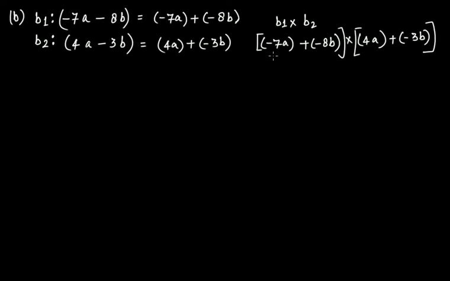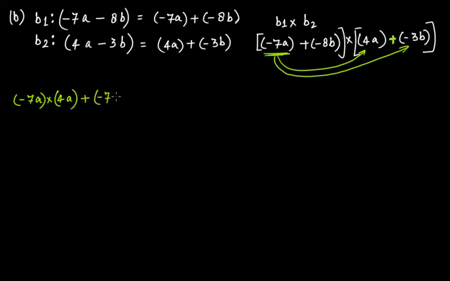If you take the first term of this binomial and multiply it with 4a, you get minus 7a multiplied by 4a. Then you take this term again and multiply it with minus 3b, so first of all this plus sign is here, plus minus 7a multiplied by minus 3b.